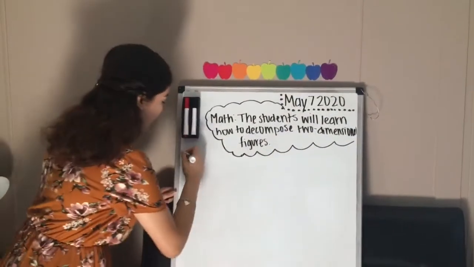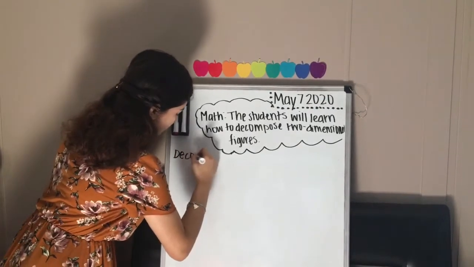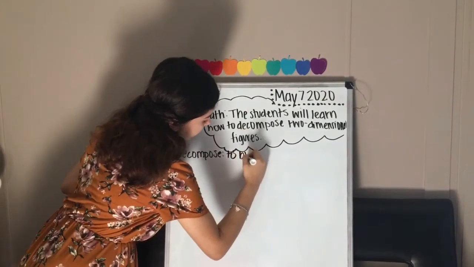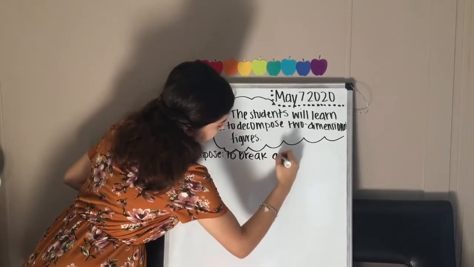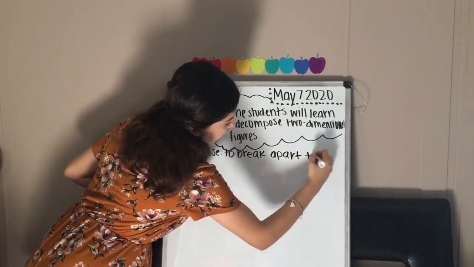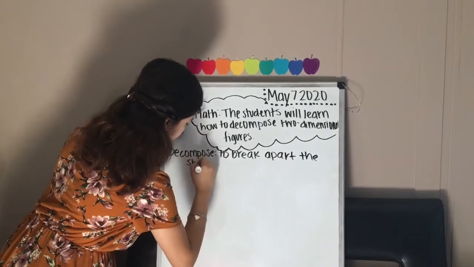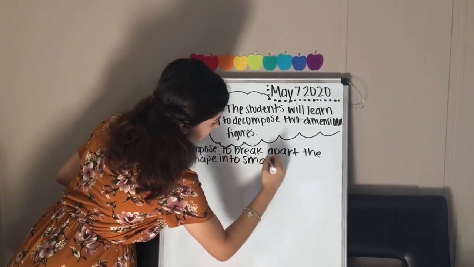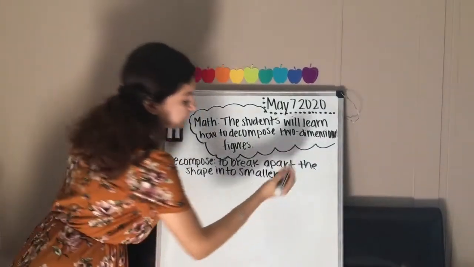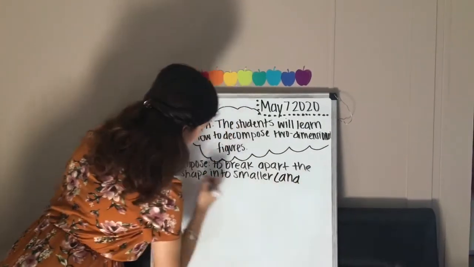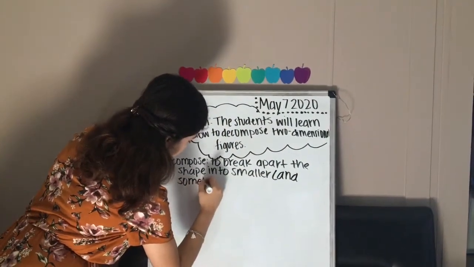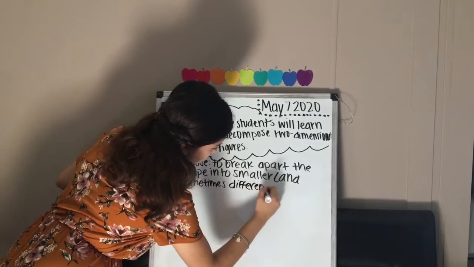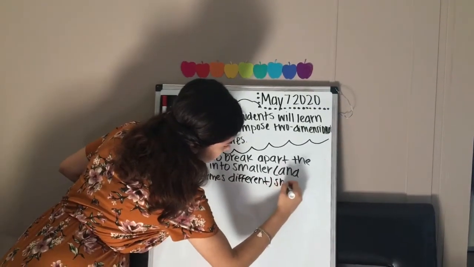So to decompose means to break apart the shape into smaller, and notice this, and sometimes different shapes.